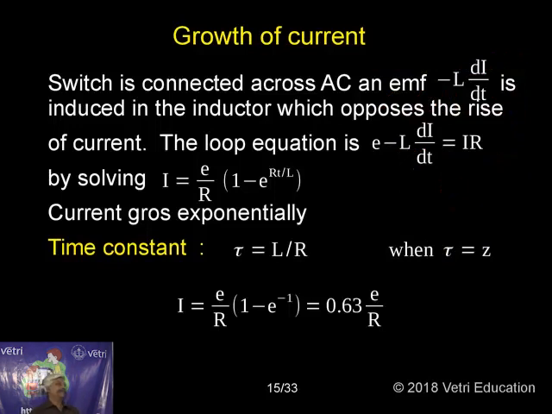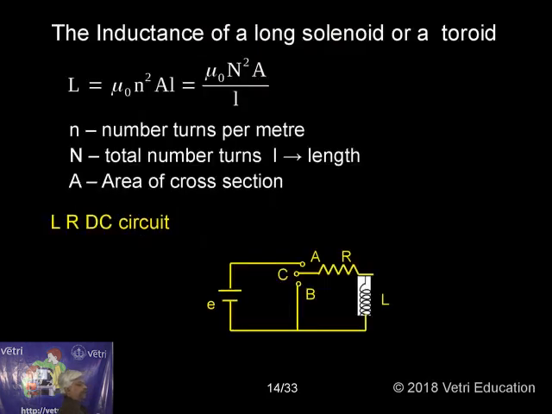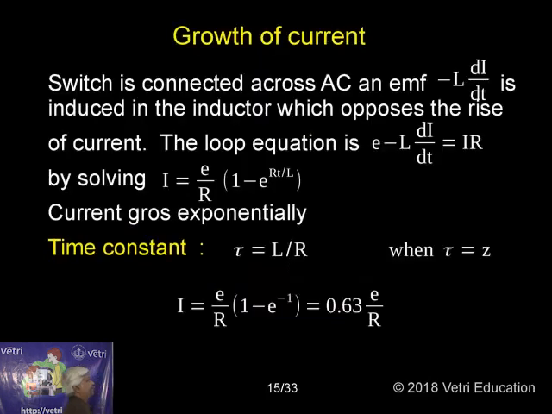Growth of current. The switch is connected across A and C; kindly refer to the diagram. If we connect A and C, an EMF minus L di by dt is induced in the inductor, which opposes the rise of current. We already know that it opposes the cause.